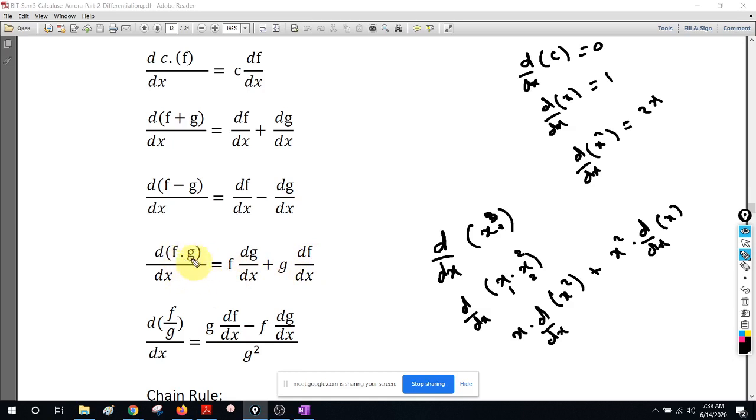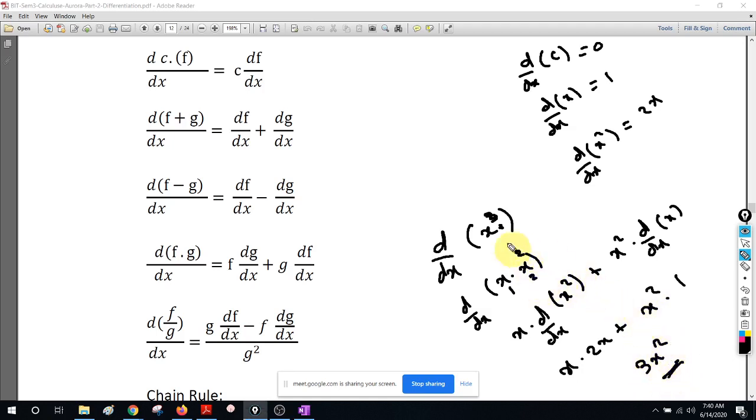That is the multiplicative rule. We know the derivative of x squared is 2x, so x times 2x, plus x squared times the derivative of x, which is 1. So I got 2x squared plus x squared, which is 3x squared. That is the answer.